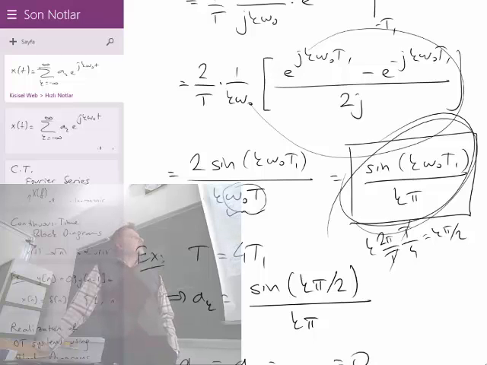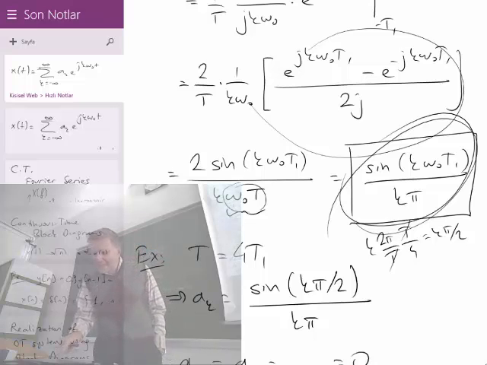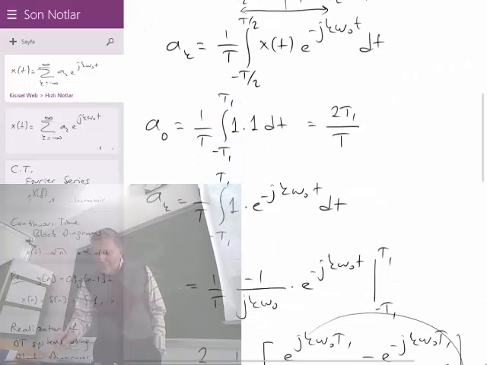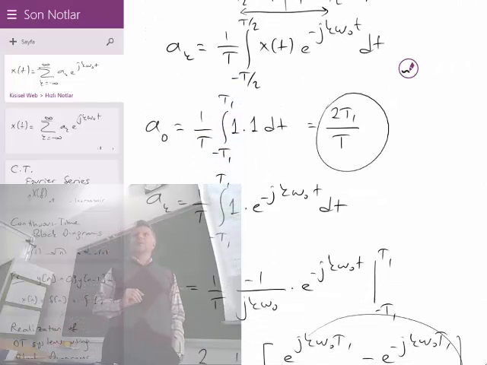So it's a 0 over 0 division. Sine 0 is a 0, divided by 0. You have to use the famous L'Hôpital's rule to find a0 as a limit from this ak, and that would be exactly the same as this answer, by the way.